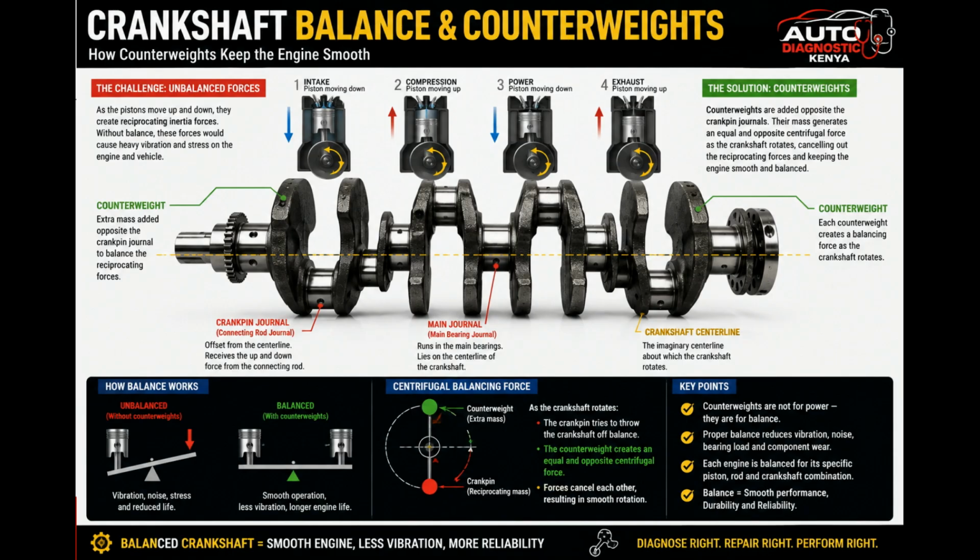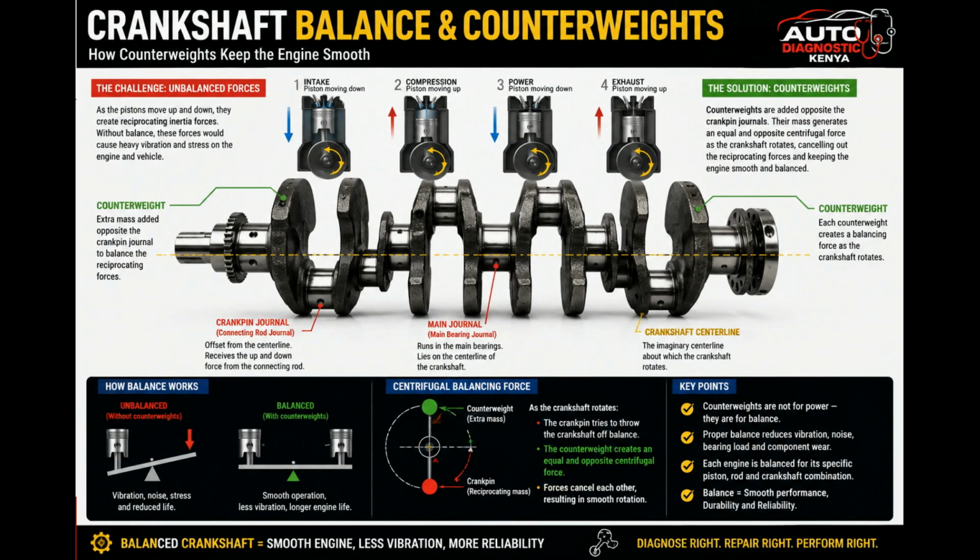But here's something interesting: some engines can never be perfectly balanced. Take single cylinder engines. It is impossible to completely balance all of their rotating and reciprocating forces. At high engine speeds, centrifugal force acting on the crankpins can place heavy loads on the nearby main bearings.